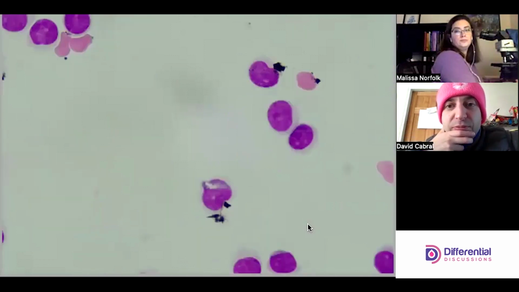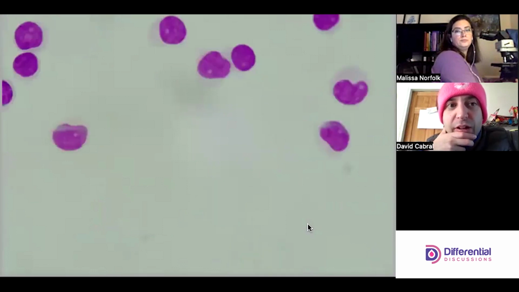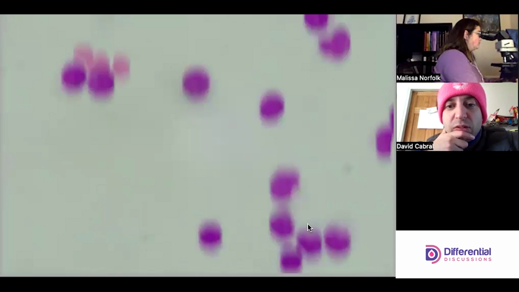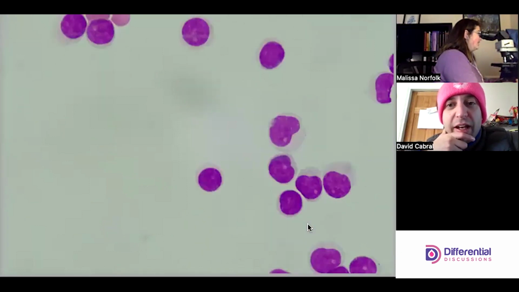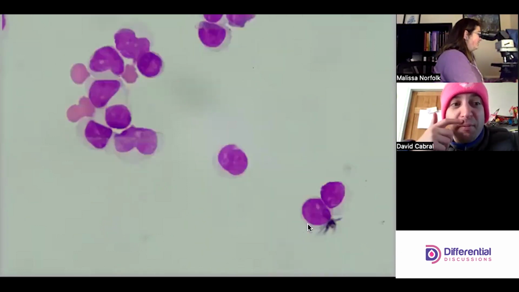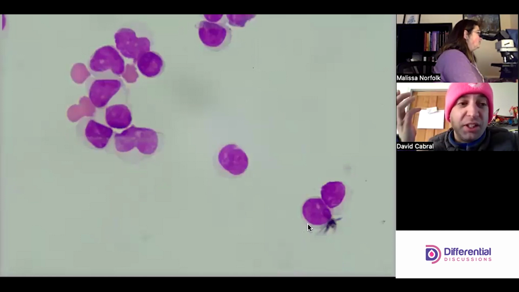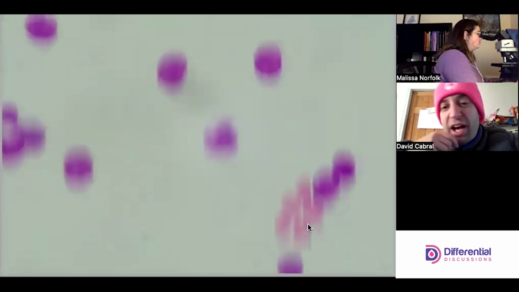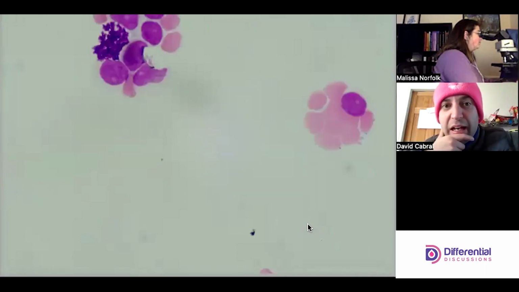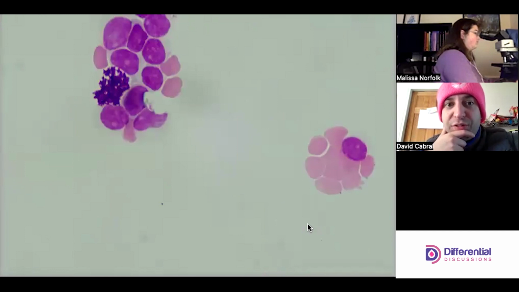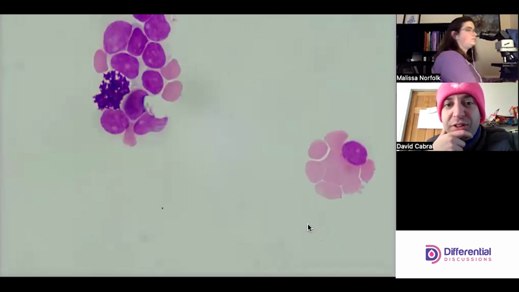Yep. All lymphs. Yeah. I mean, so yeah, we're probably looking at 80-90% lymphs, 5-10% monos, right? And then the occasional meso and no tumor cells thus far. No. As individuals.